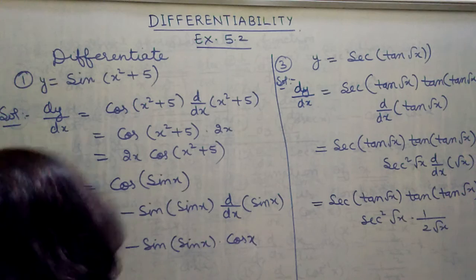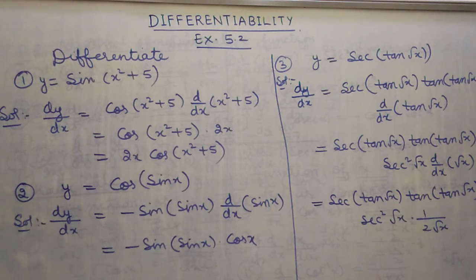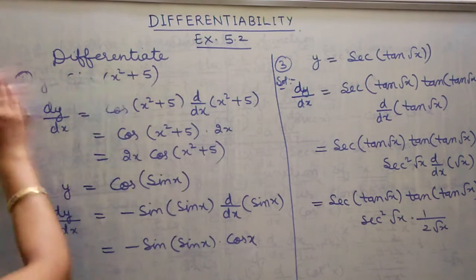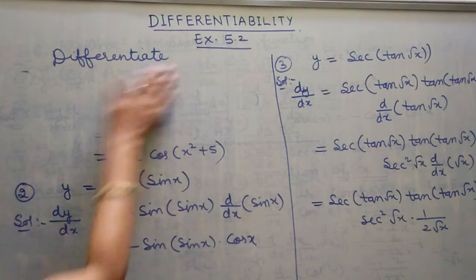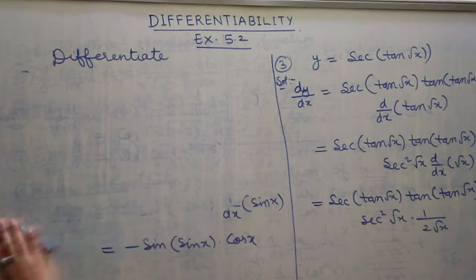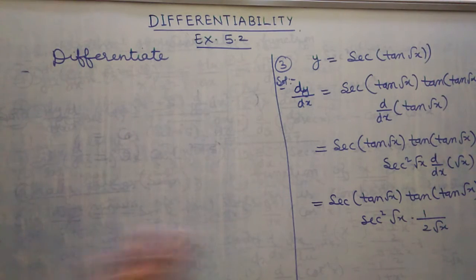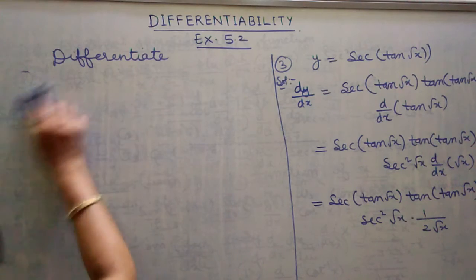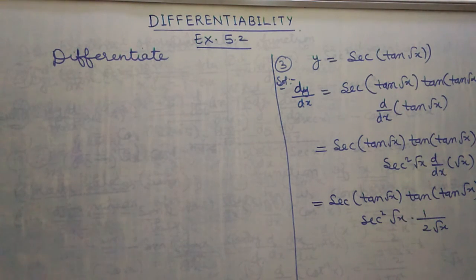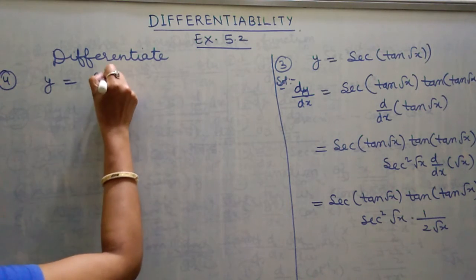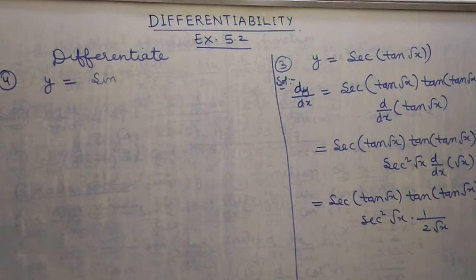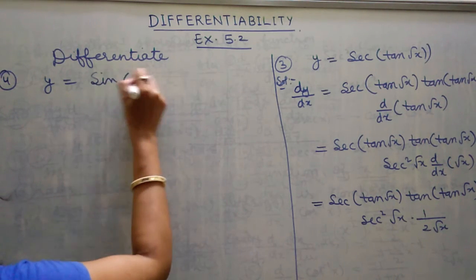Now come to question number 4, which is sine of ax plus b. Very simple question. Okay, so I will write that question. Question number 4: y is equal to sine of ax plus b.